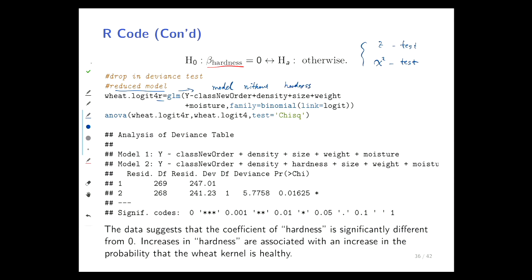The next thing we need to do is compare the difference between the reduced model and the full model. Still we have the two deviances, the difference, and the corresponding p-value.